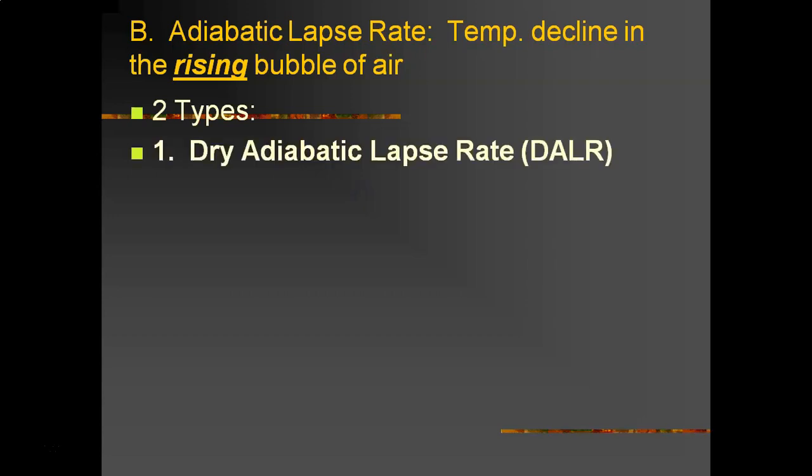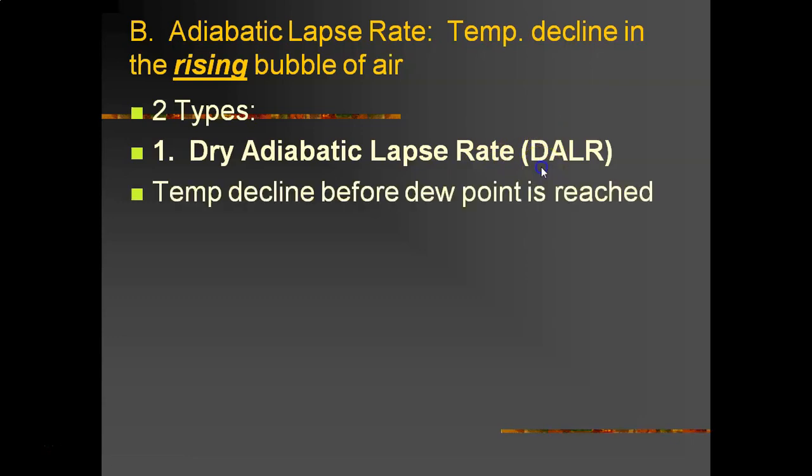Now, this first one is called the dry adiabatic lapse rate. And we just abbreviate it DALR. This is the rate of temperature decline in that bubble of air, in that thermal, as it's rising before we reach 100% relative humidity.